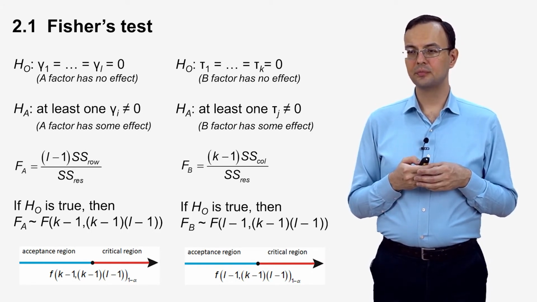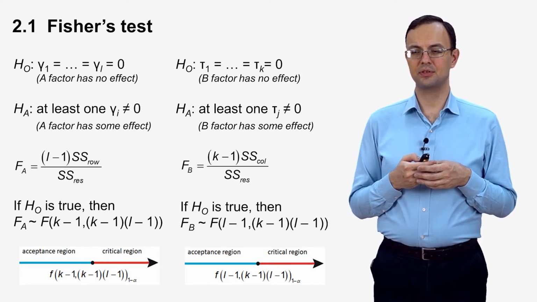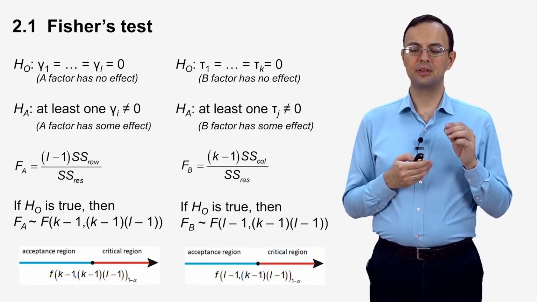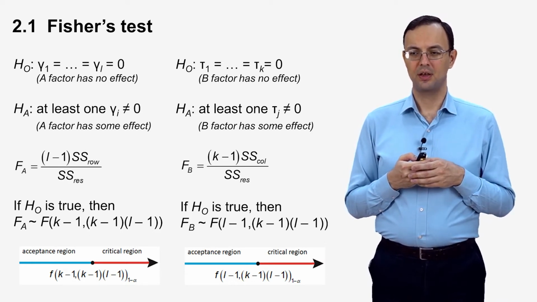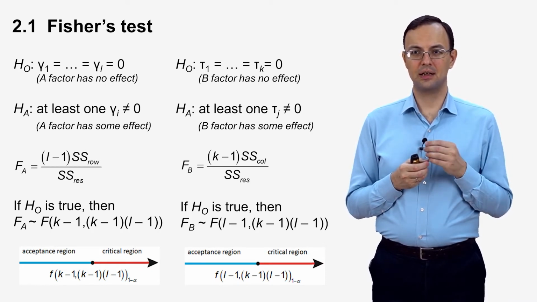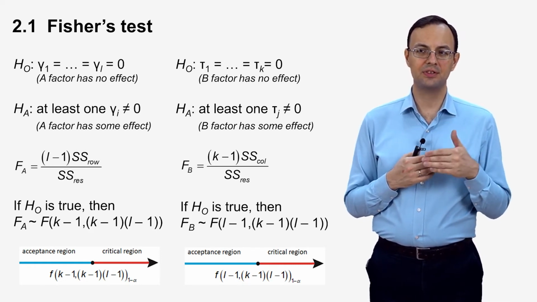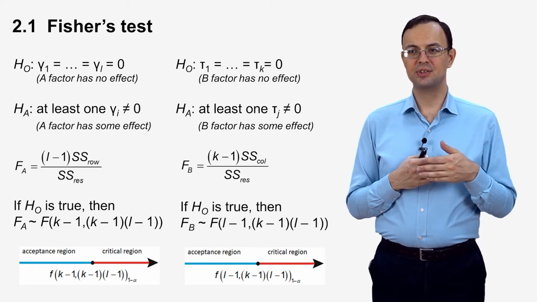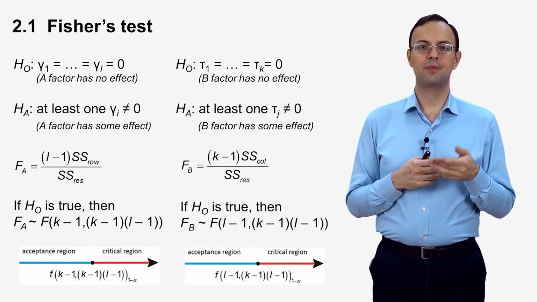And the distribution of this test statistic under the null hypothesis is Fisher distribution with number of degrees of freedom L minus 1 and k minus 1 times L minus 1. So you can test a hypothesis that A factor has no effect, assuming that B factor has some effect, or you can test a hypothesis that B factor has no effect, assuming that A factor has some effect.